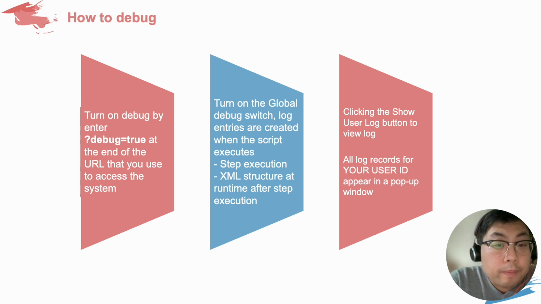And also there is a button to show the view log, and the actions that have been performed by yourself. If you log in with your particular user, you will be able to find out your user has performed certain tasks, and within that, you will be able to trace what has happened.